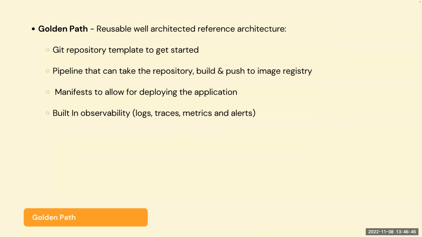So what's Golden Pass? Golden Pass is a reference architecture where you don't have to start from scratch. You take that base. For example, there is a Git repository template or pipeline reference, and if you have a Helm chart reference, which you can use in your application, it also has built-in observability, logs, traces, metrics, and alerts.